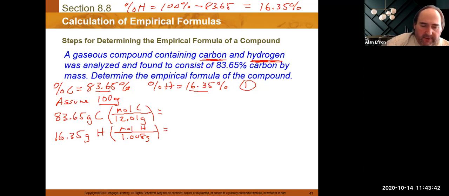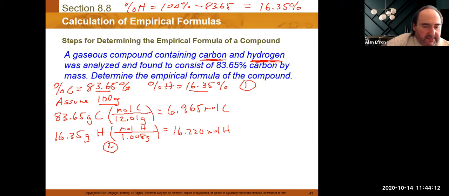So taking our grams and converting them into moles gives us 6.965 moles of carbon, and for our hydrogen, it is 16.22 moles of hydrogen. So that's the second step here, which is convert everybody into moles.